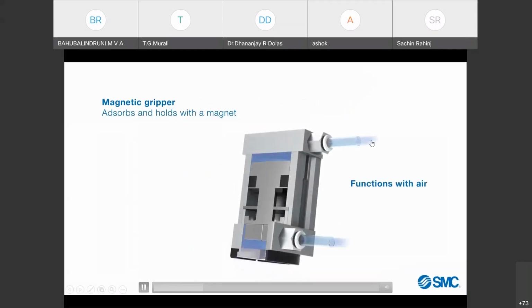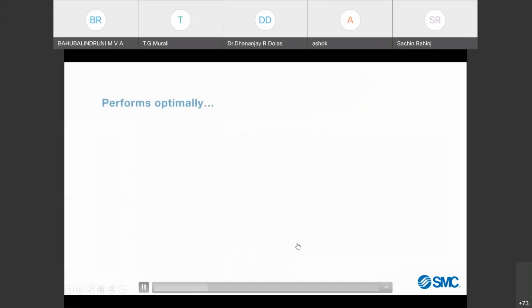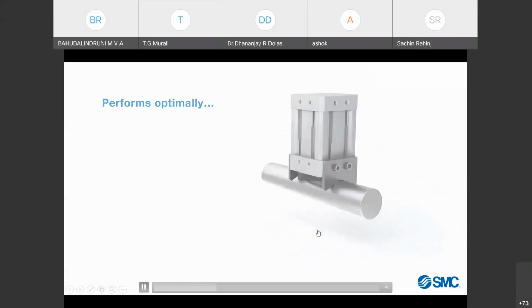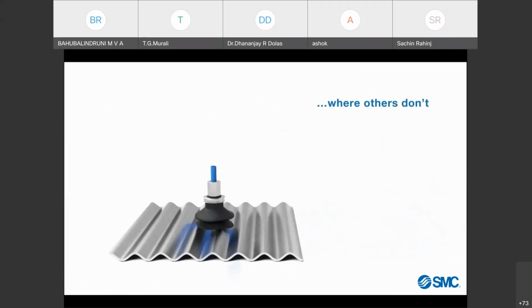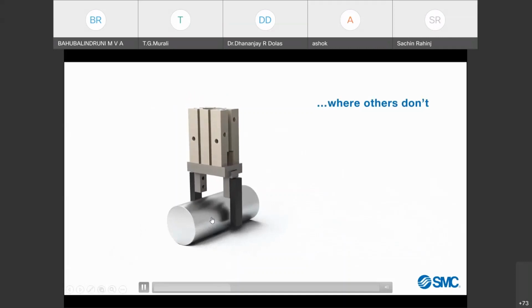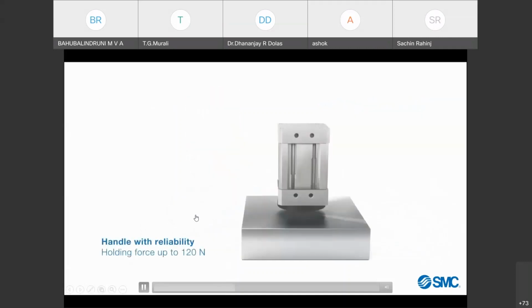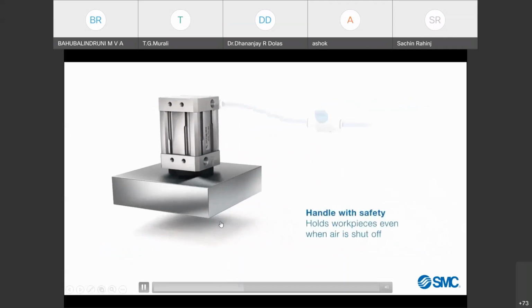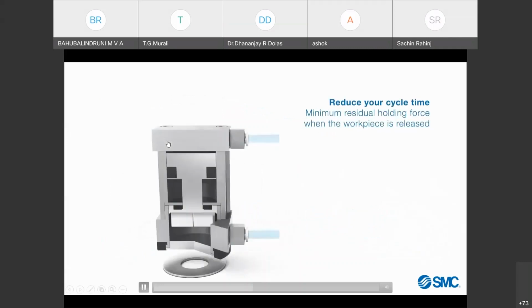You can see the air entering either at the top or the bottom so that it can load and hold the object. You cannot use suction grippers when there are pores or holes. Even mechanical grippers don't work well there, where you can use magnetic grippers.